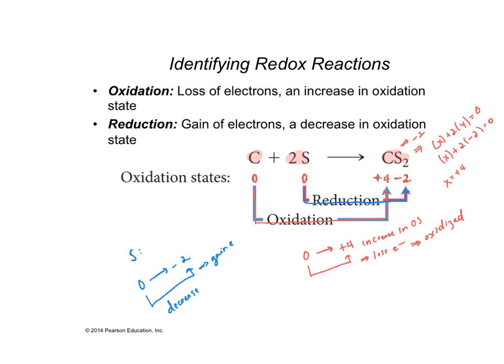We have to have gained electrons to do that. So this is reduction. And this is how we know whether or not something has been oxidized or reduced. We've got carbon, which was losing electrons, which was oxidized, and we saw that because it went from a 0 to a +4. We saw an increase in oxidation state. Whereas for sulfur, we go from a 0 to a -2. That is a decrease in oxidation state, and so that is reduction.